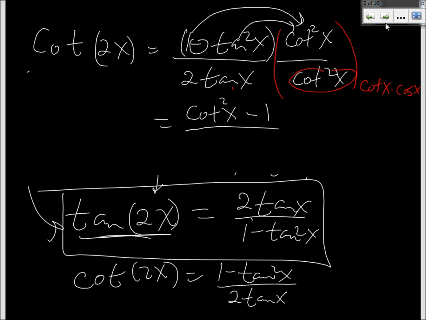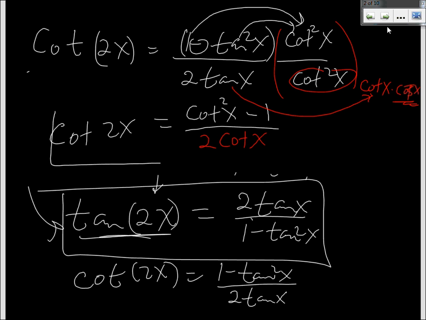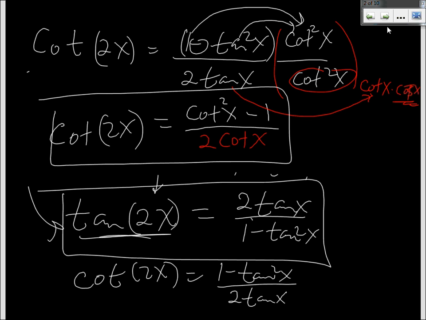So when you multiply tangent x by cotangent x, you're going to get 1 times another cotangent x, you're going to get cotangent x. So there is their formula for the cotangent of 2x. That completes the double angle video.